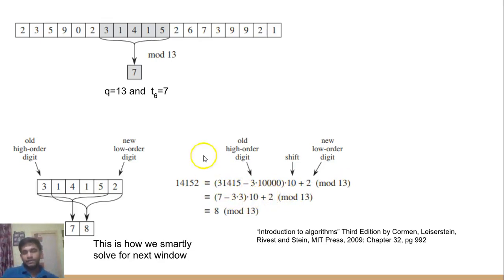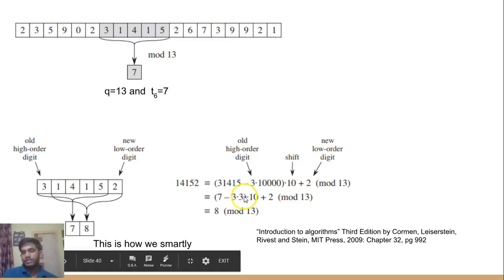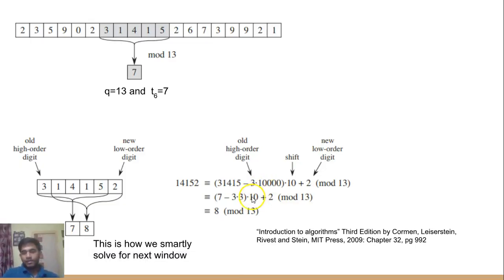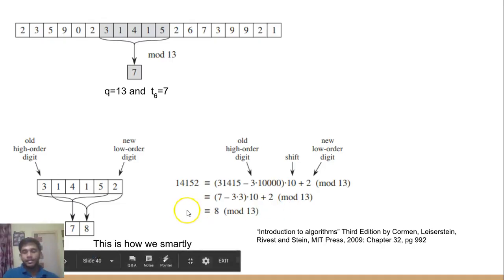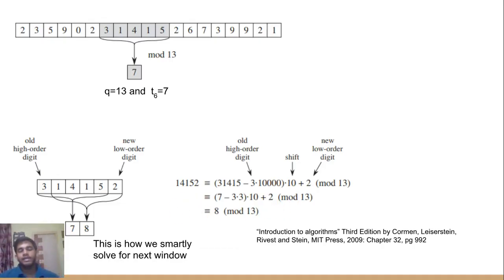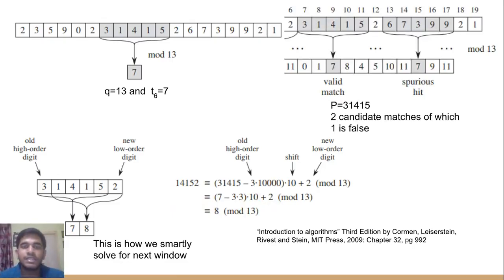We calculated 7 in the previous case, minus 3 into the mod taken of 10000 with 13, which is 3. We multiply it with 10 and add 2 mod 13, and this gives 8. So we calculated T7 as 8.